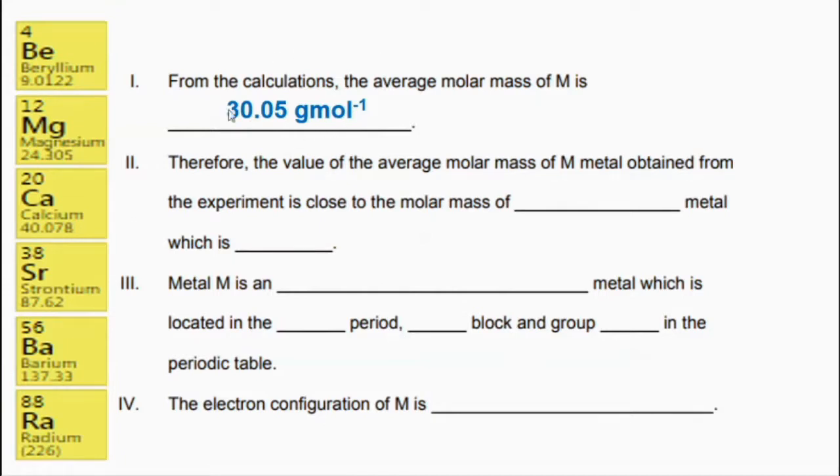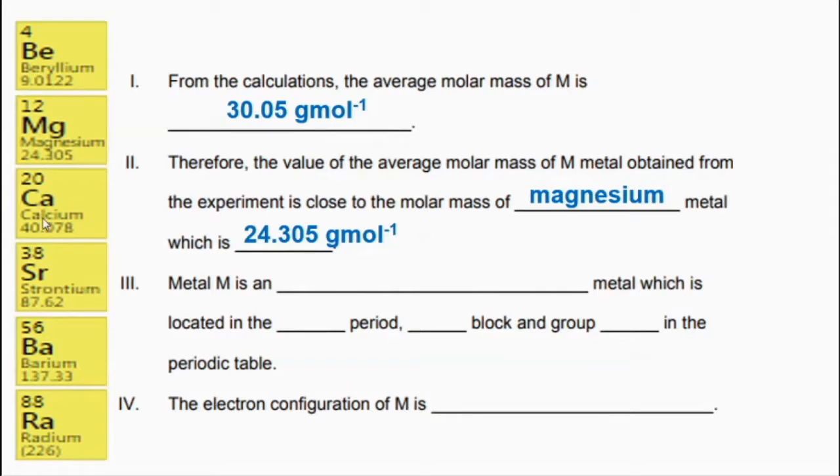So this value is close to the molar mass of magnesium. Therefore, the average molar mass of M metal obtained from this experiment is close to the molar mass of magnesium metal, which is 24.305 grams per mole.